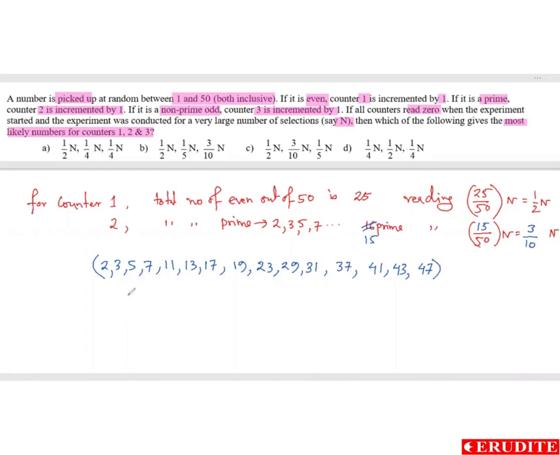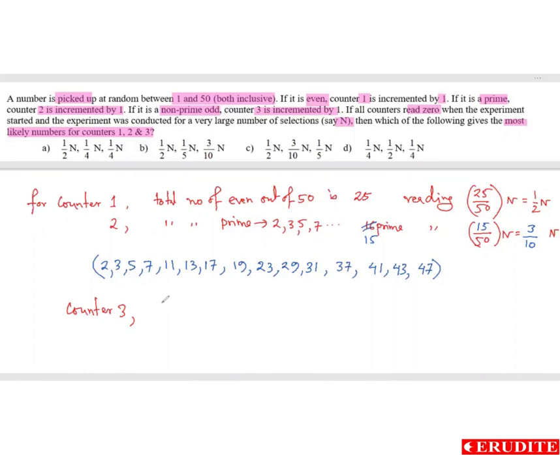Now returning back to counter 3, which is talking about non-prime odd. That means I need to find the odd numbers which are non-prime.